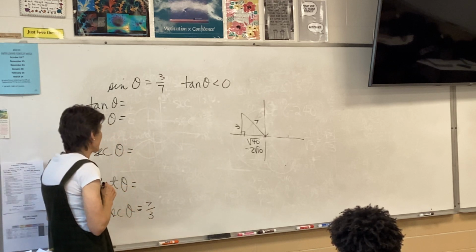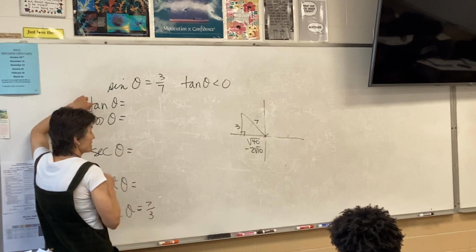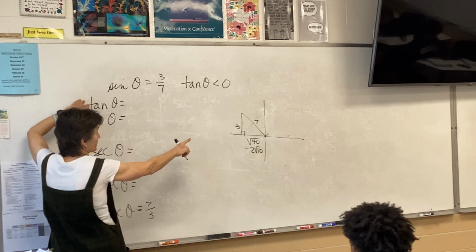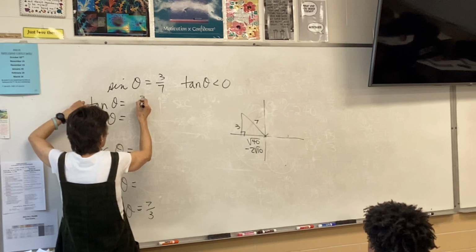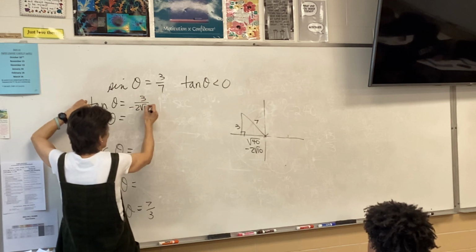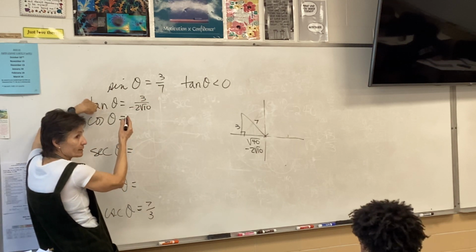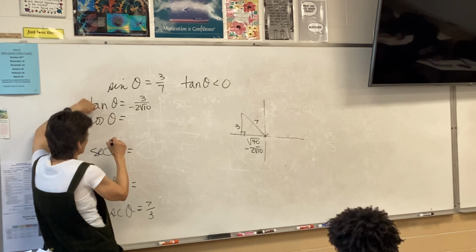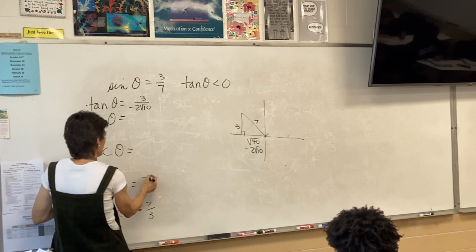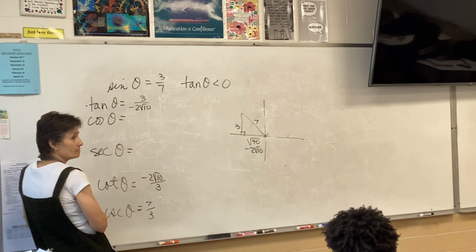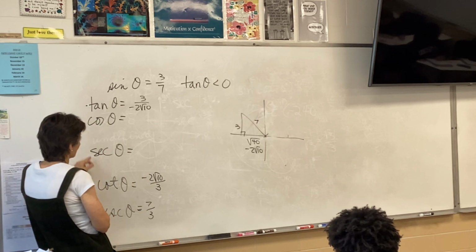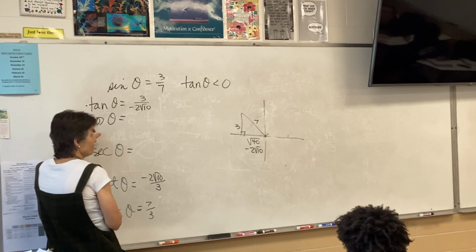So now we can fill in everything else. What's the tangent? 3 over negative 2 root 10. No need to rationalize, he says, we're gonna leave it like that. The cotangent then is negative 2 root 10 over 3. What's the cosine?